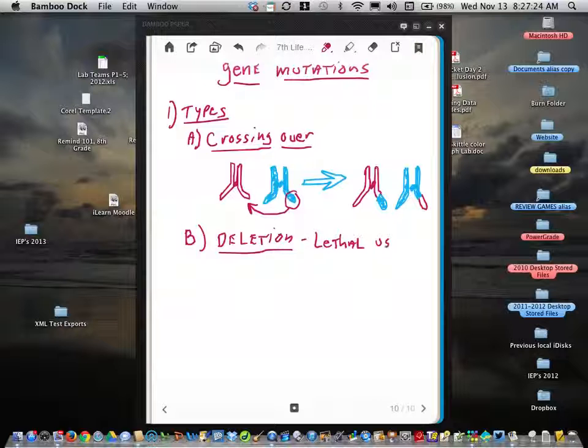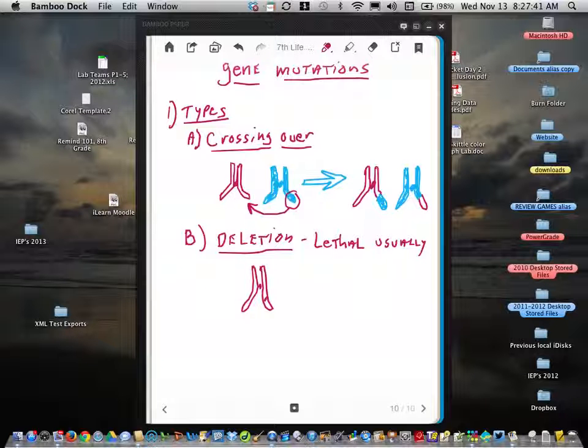Usually. Deletions work just like the name implies, where a chunk of chromosome is removed.